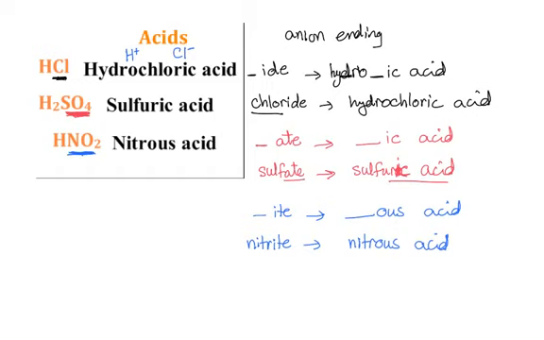If I'm doing sulfuric acid, "ic" acid means it started with "ate," so sulfate is SO4 2-. It's an acid, so it has H+. So I have +1 and -2, so I would need 2 hydrogens, so it'd be H2SO4. Nitrous acid, "ous," means that it started with "ite," so nitrite is NO2-. Acid means that it has H+, so to make that neutral, I'd need one of each, so HNO2.